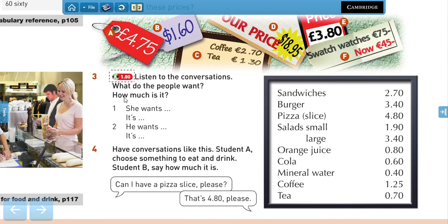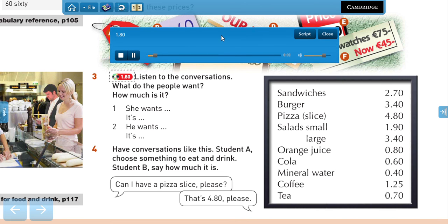What I want you to do is to identify the things that she wants in number 1 and the things that the man wants in number 2, and the prices. All right? So you can have a look at the list, and try to identify what are the things they want to buy. We're going to listen 2 times. All right? Track 80.